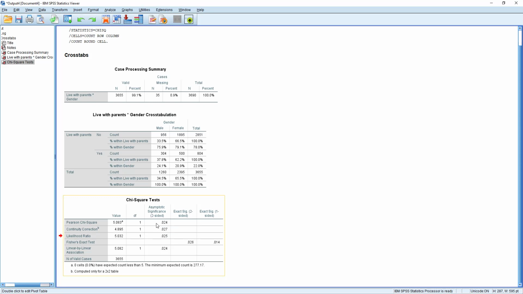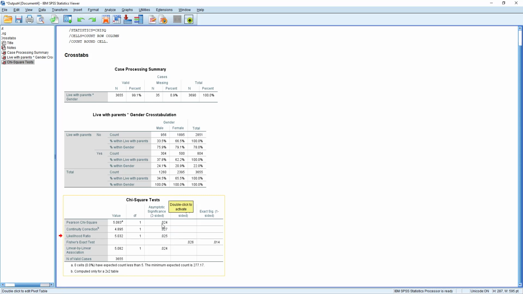The 95% significance is a little bit harder to turn into a similar analogy. It means that if we carried out the sample 100 times, 95 times we would expect to see the same relationship between gender and living at home.